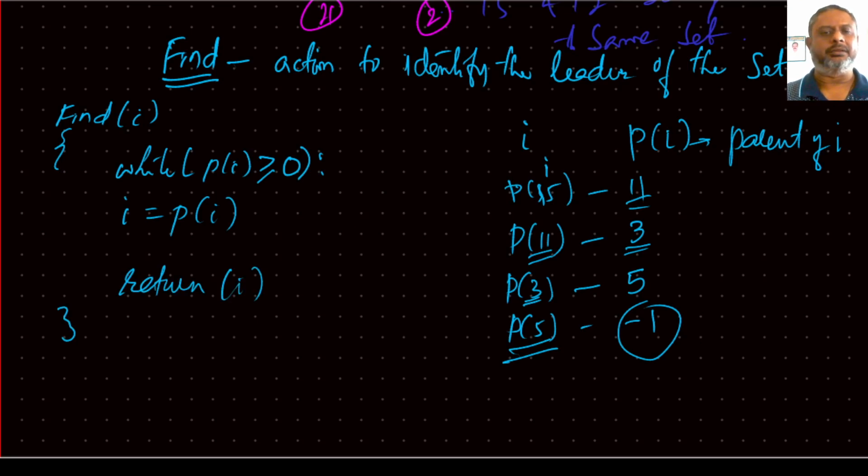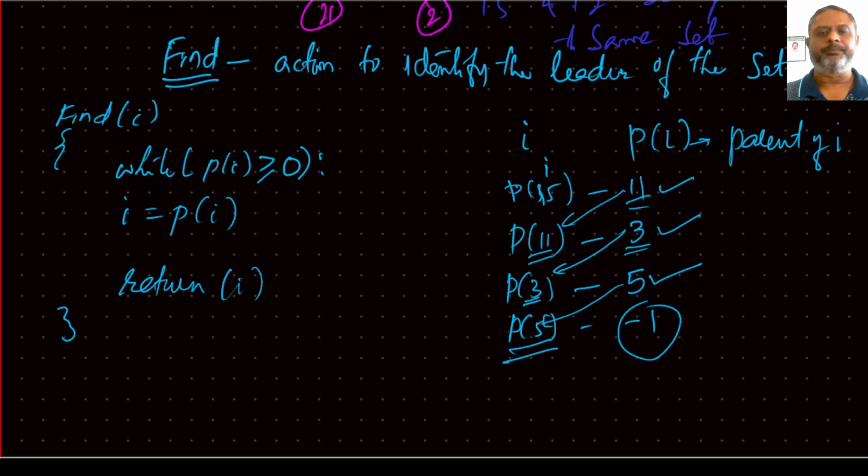Now if I run this, P of 15 is 11, which is greater than or equal to 0, yes. So 11 is transferred into I. Then P of 11 is 3, which is again greater than or equal to 0, so 3 gets transferred into I. Then the parent of 3 is 5, which is again fine, so this gets transferred.